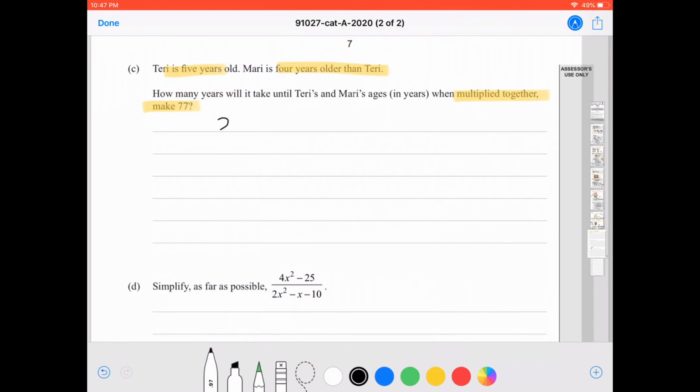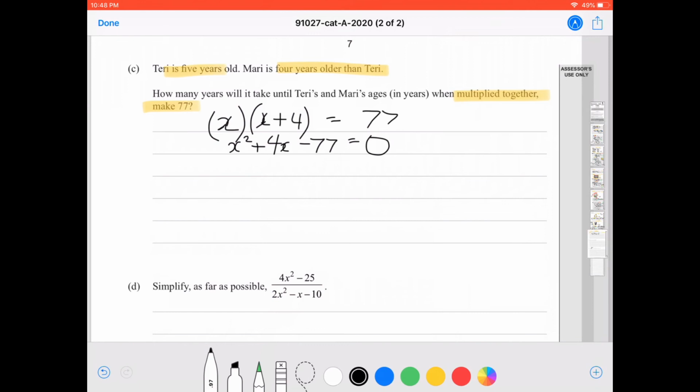Okay, and the question says when multiplied together, so we're going to say they equal 77. Expanding our brackets, we've got x squared plus 4x, and taking our 77 to the left-hand side, it'll be minus 77, and that equals 0.